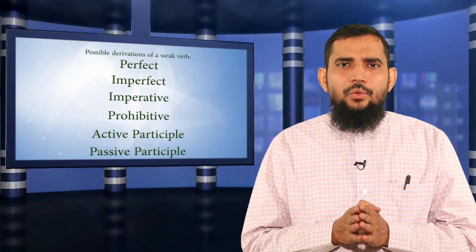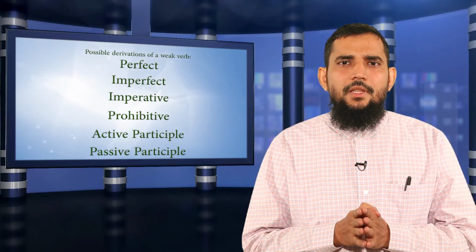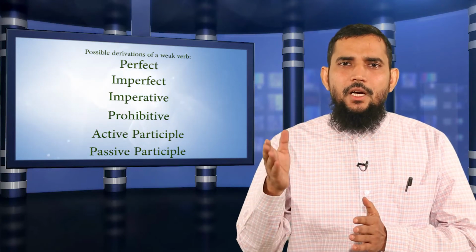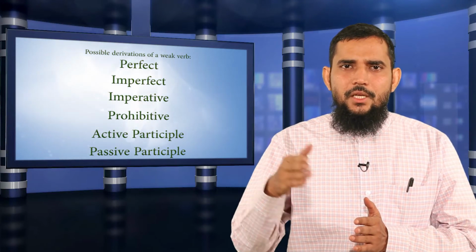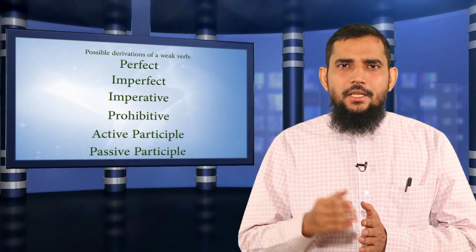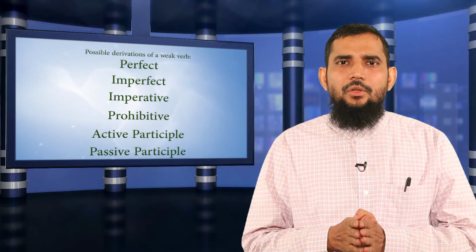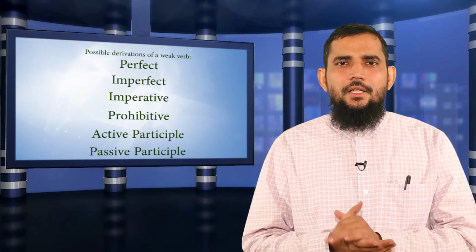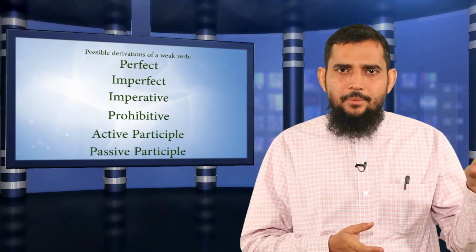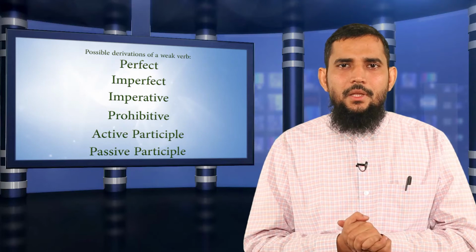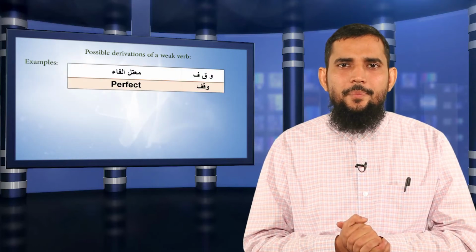As I have told you, there is a possibility to have three types of weak verbs. Mu'tall fa, the first radical is a weak letter. Mu'tall ayn, the second radical is a weak letter. Mu'tall lam, the third radical is a weak letter. An example of a verb where the first radical is a weak letter is waqafa.